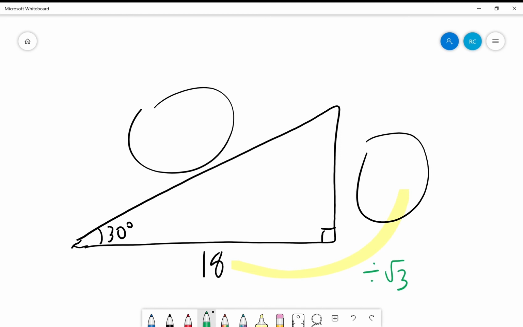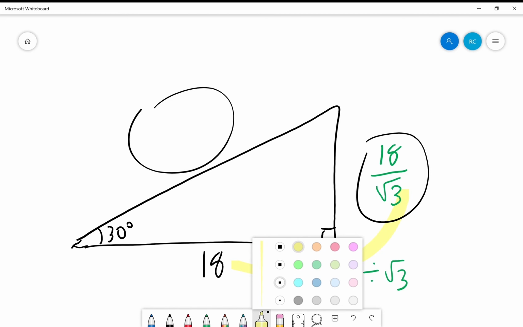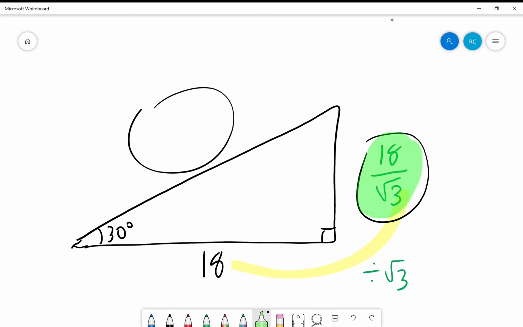So my short leg should be 18 divided by the square root of 3. Now, again, there are ways of simplifying this answer that I will teach you in a future video. For some reason, a lot of teachers don't like having a square root on the bottom of a fraction, and we will talk about how to clean that up later. But for now, we need to figure out how to get the hypotenuse.